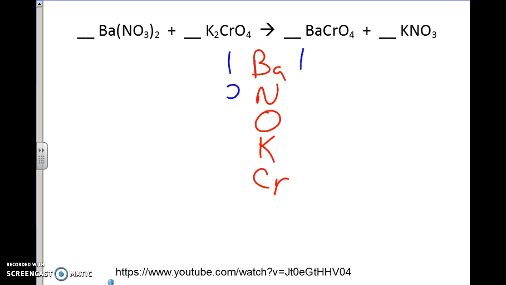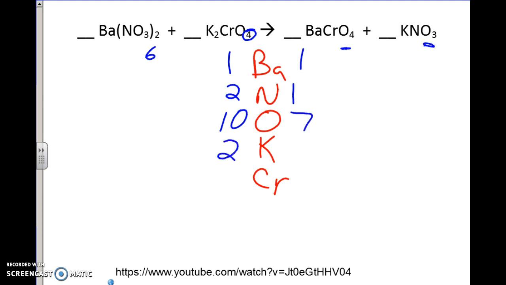I have 2 nitrogens on the left and 1 on the right. If you don't understand where the 2 came from, stop the video, really give it a good look, and see if you can figure it out. I have 6 oxygens there and 4 oxygens there, so I have 10 on the left side. I have 4 there and 3 there, so I have 7 on the right side.